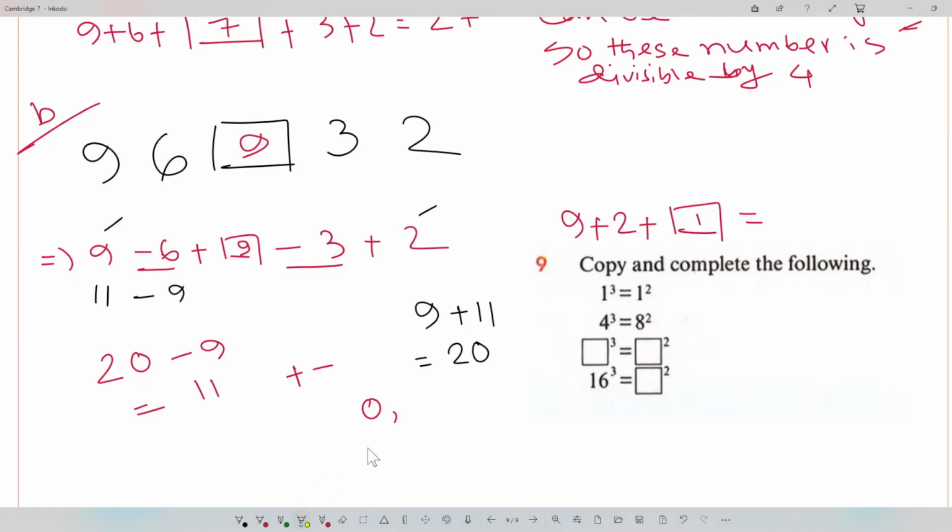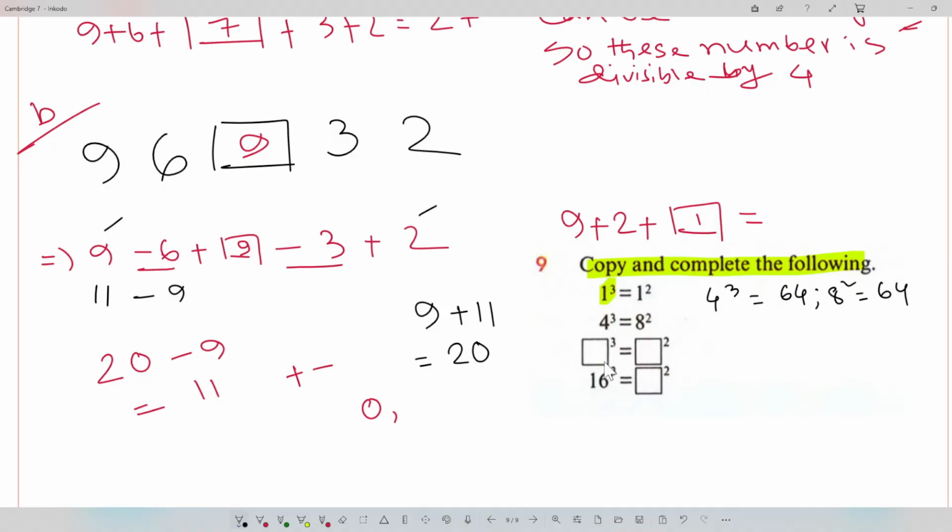This is interesting math. Copy and complete the following. Here it is mentioned 1 cube equals 1 square. It's a simple thing. 1 cube equals 1, 1 square equals 1. And here is 4 cube equals 8 square. Look, 4 cube means 64 and 8 square is also 64.